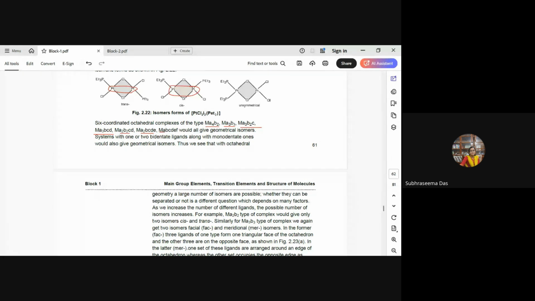In all these cases, the arrangements give rise to geometrical isomerism. Even complexes containing bidentate ligands will also give geometrical isomerism.